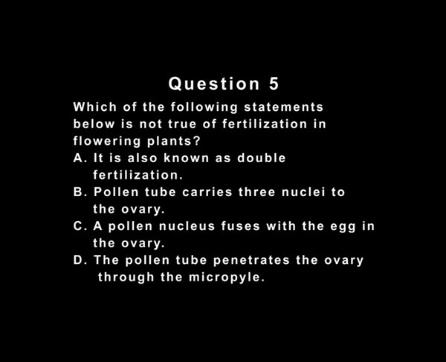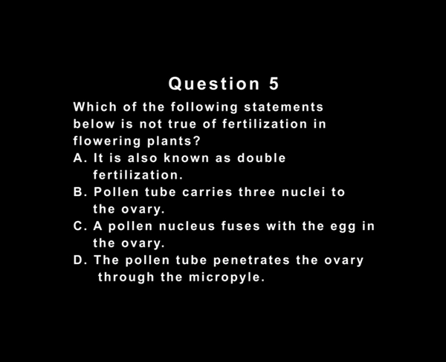It is known as double fertilization because one of the male nuclei fertilizes the egg and the other one fuses with the secondary cell in the ovule to form endosperm. B, pollen tube carries 3 nuclei to the ovary. Yes, tube nucleus and 2 male nuclei. C, a male nucleus fuses with the egg in the ovary.